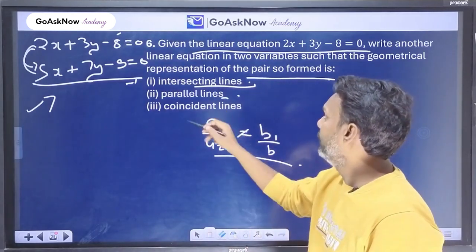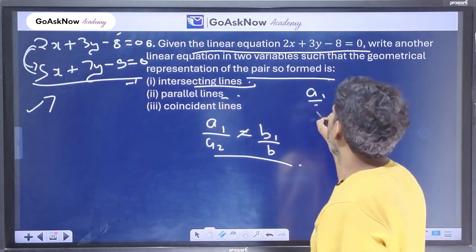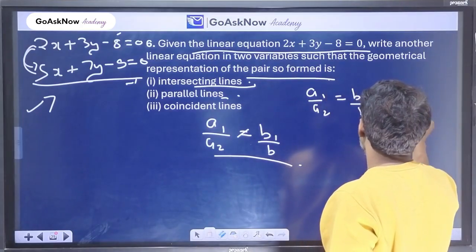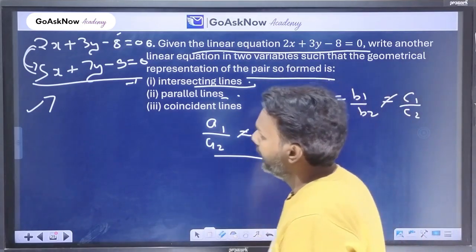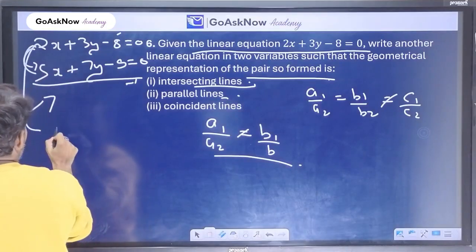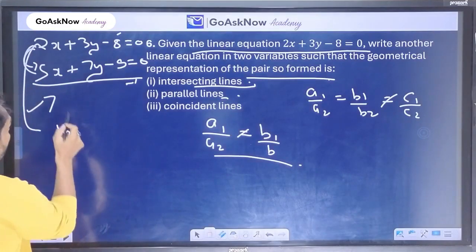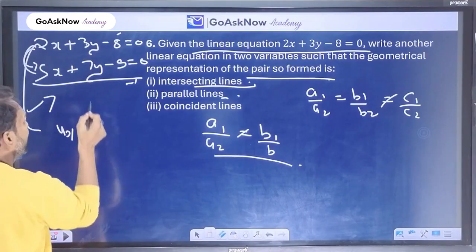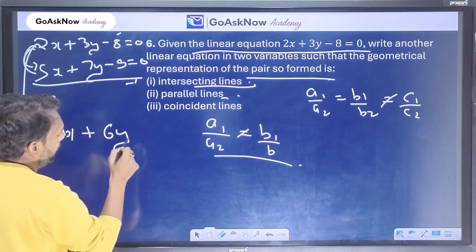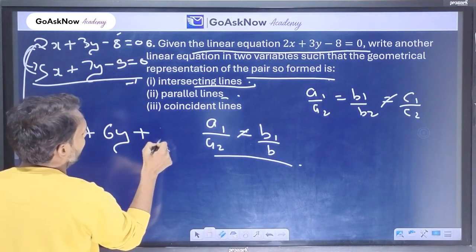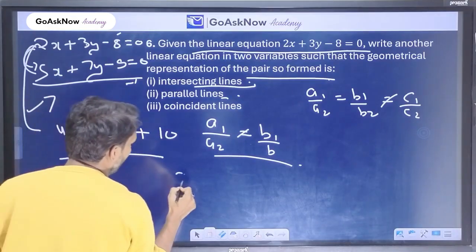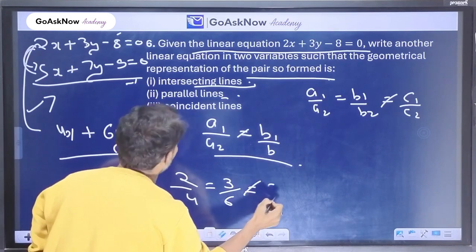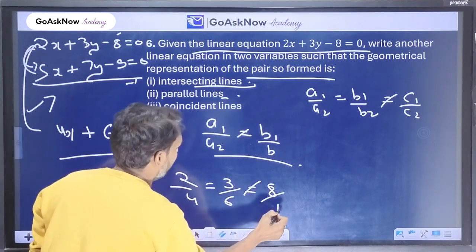Now parallel lines. For parallel lines we know that A1 upon A2 is equal to B1 upon B2 not equal to C1 upon C2. Let's take the number 4x, 2 upon 4 is 1 by 2. Then we will take double of 3, 6y, and any random number 10, because we know that 2 upon 4 equal to 3 upon 6 and not equal to 8 upon 10.